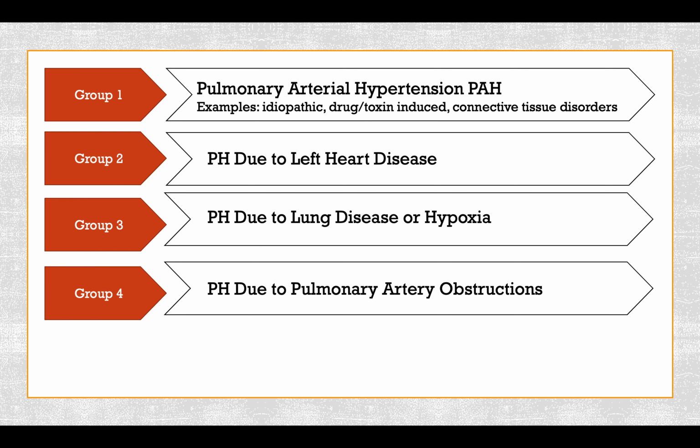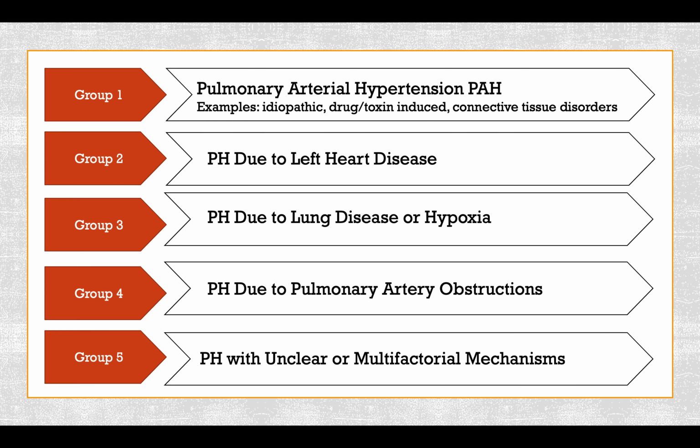Group 4, pulmonary hypertension due to pulmonary artery obstructions. These are things like chronic pulmonary embolism and different obstructive that will actually obstruct the flow of going out. And group 5 are things with unclear etiologies or they could be multifactorial.